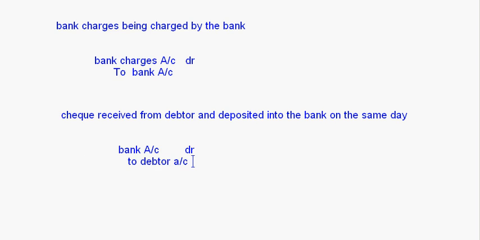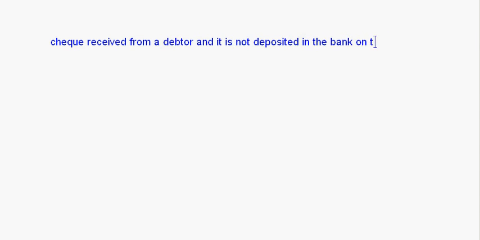Now, there may be a case when the check is received from a debtor and it is not deposited in the bank on the same day, right? So here you will have an account which is called checks in hand account debit to debtor account.